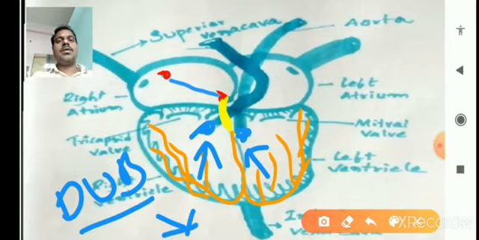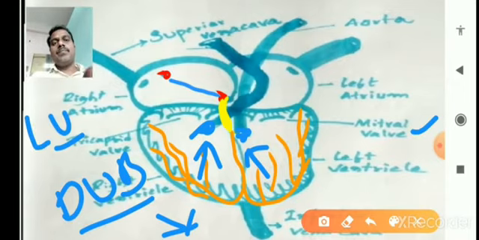So when the auricles transfer blood into the ventricles, the tricuspid and mitral valves are closed. When the ventricles transfer the blood into the main aorta and pulmonary aorta, that sound is called lub.